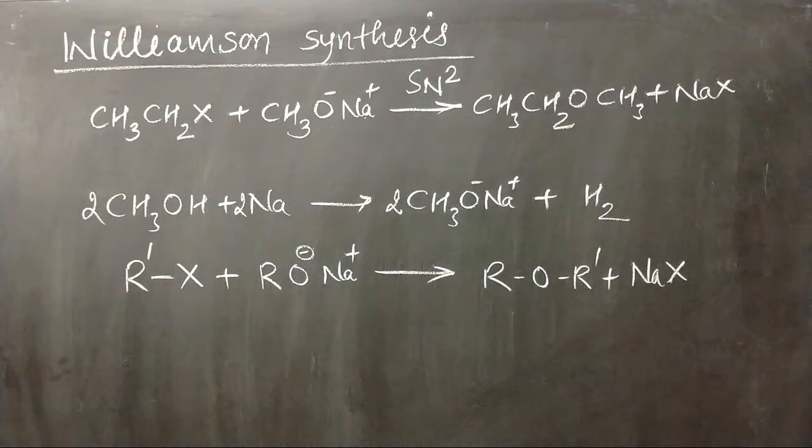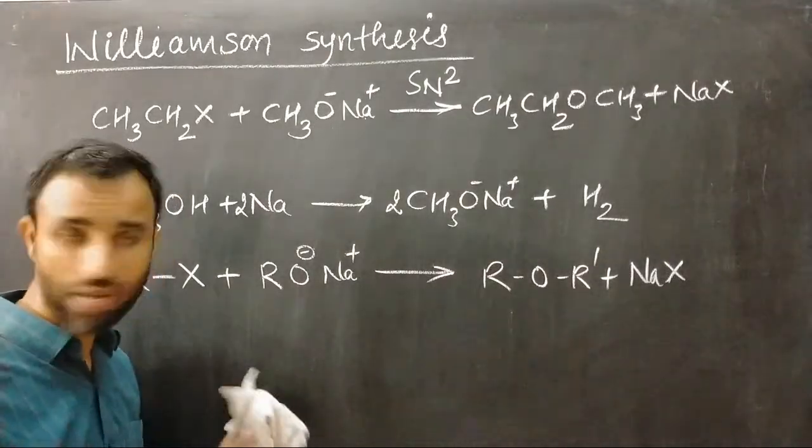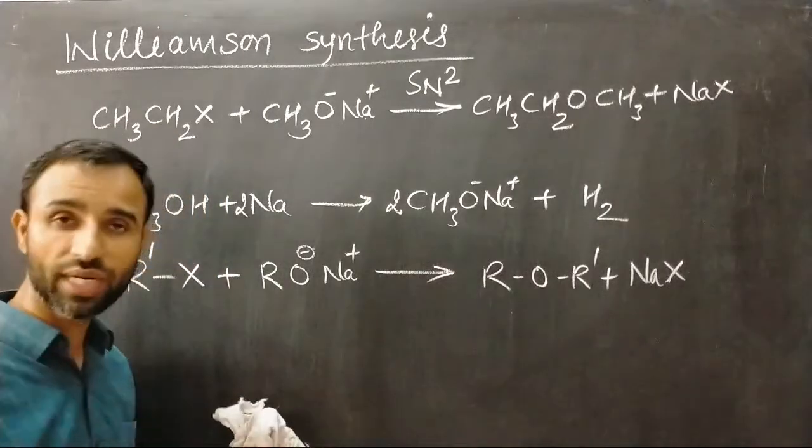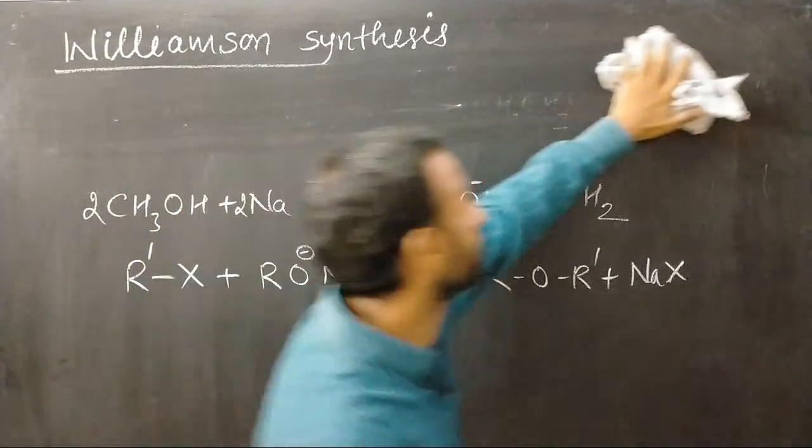This is the product formed. In this way we can prepare both types of ethers, simple as well as mixed, meaning symmetrical as well as unsymmetrical ethers can be prepared by Williamson's ether synthesis.